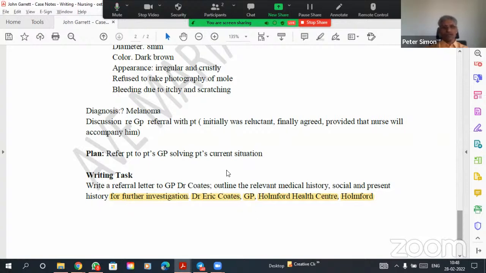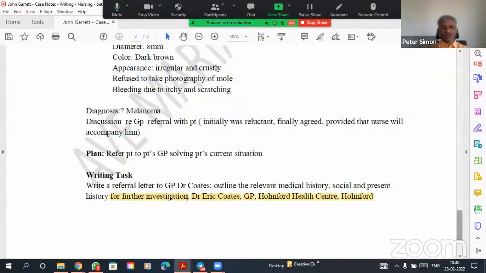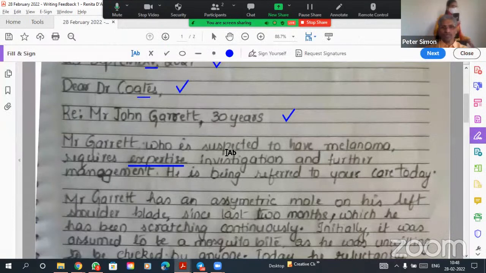To whom are you writing? To the GP. Till there everything is fine. Requires, for investigation is already there. So never use a word which is already there.